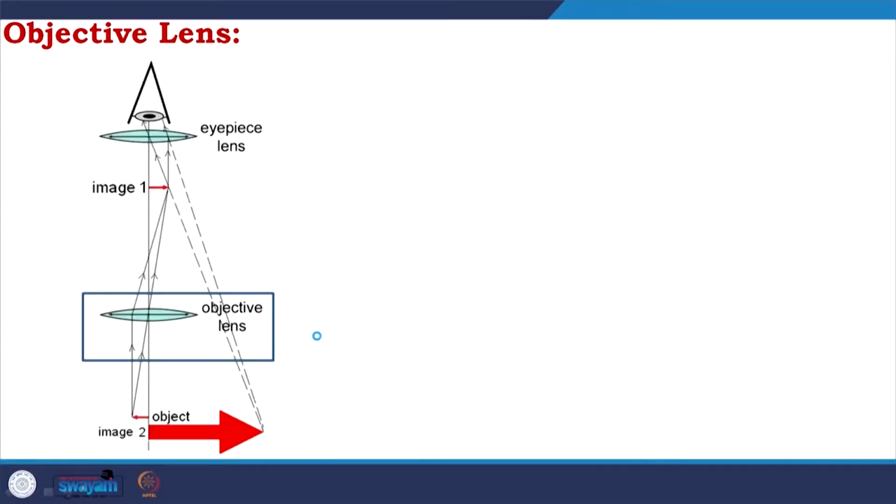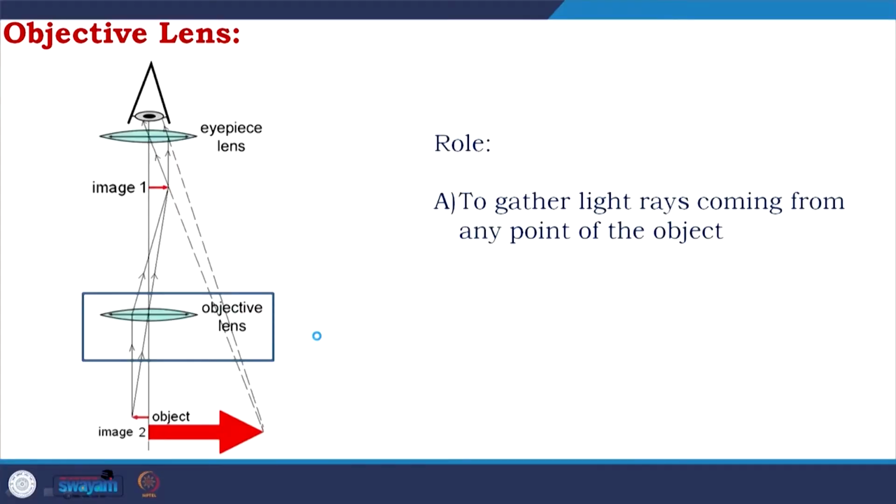What about the objective lens? Its role is to gather light rays coming from any point of the object. You have the object, the function of the objective lens is to gather light rays coming from any point of the object to unite the light in a point of image.